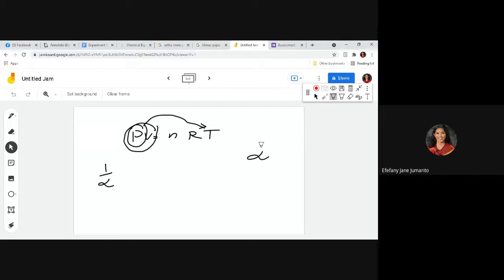Now, what is the relationship of V and P? Inverse. Okay, what is the relationship of n and T? Direct. Inverse. They are beside each other, class. Inversely proportional.